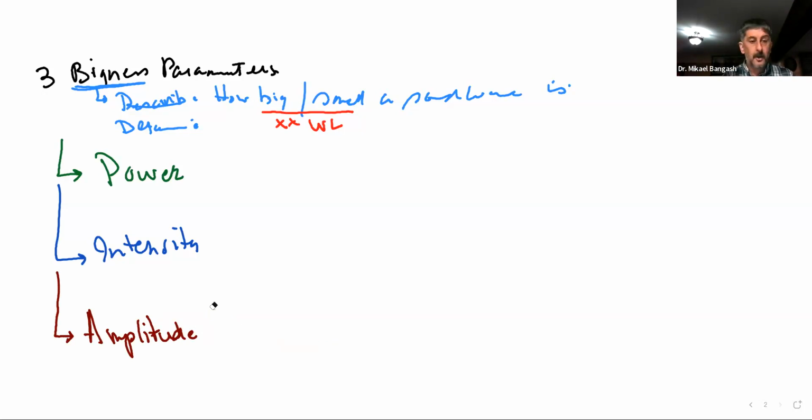Okay, girls. So these three different parameters are what we'll call the bigness parameters.